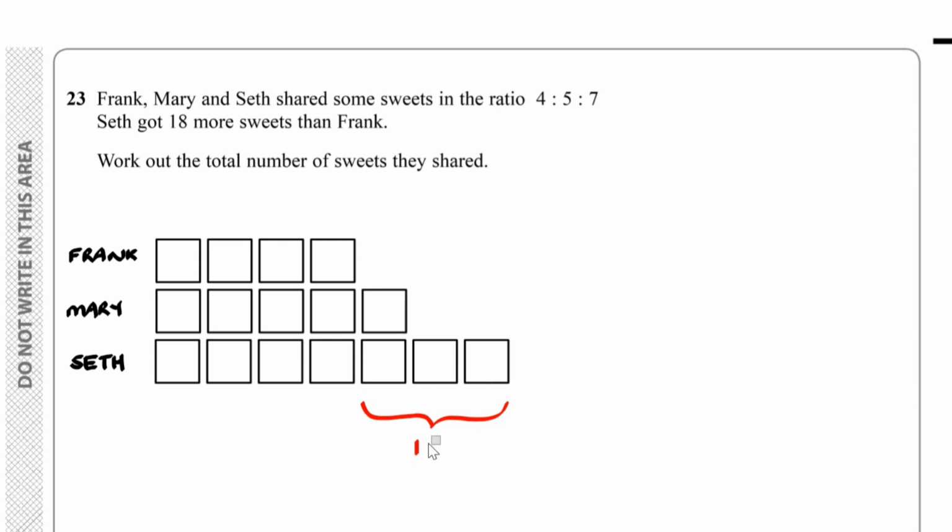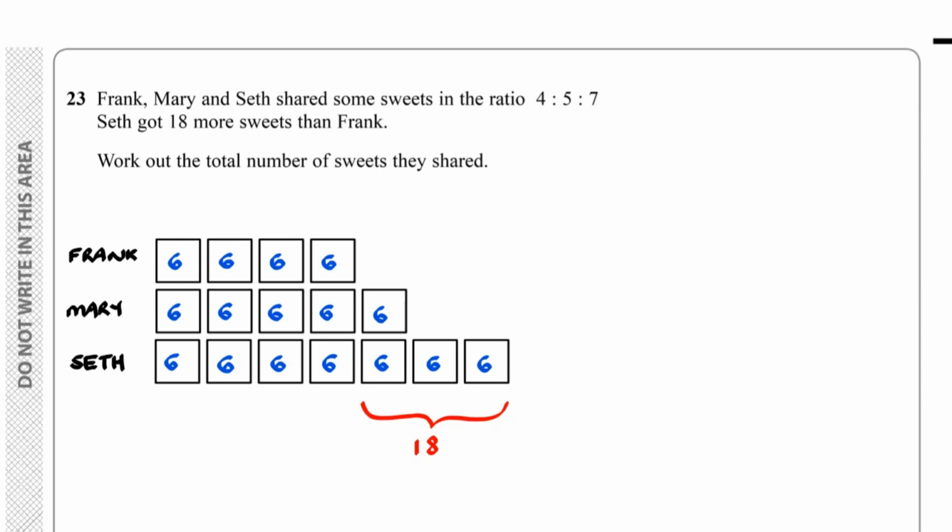So if we have 18 split up into 3 parts, each part will be worth 6, as we see here. So we've got 6 for each part.